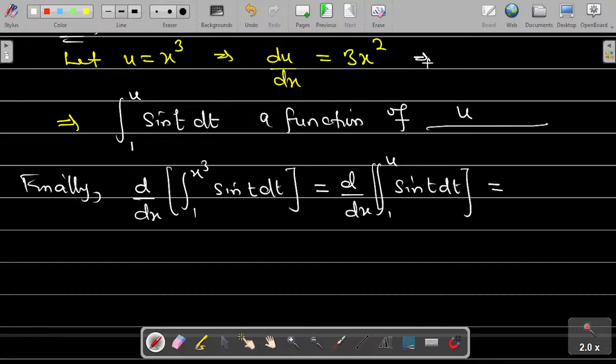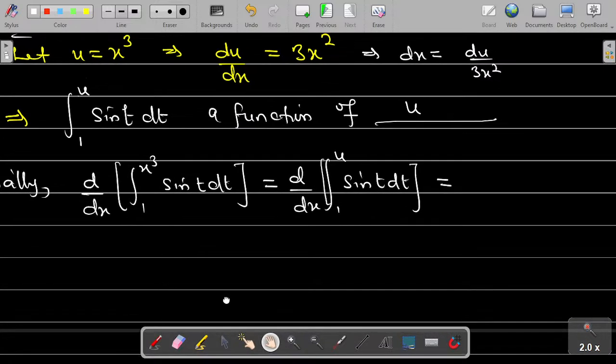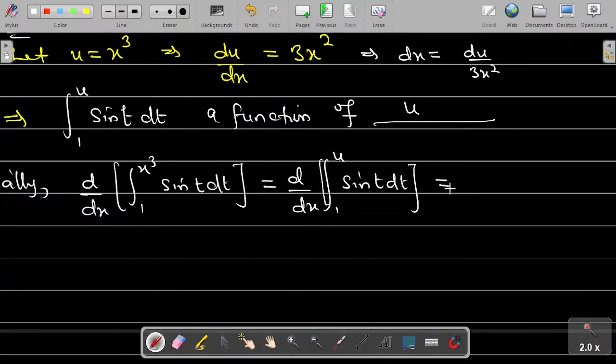From here you would see that our dx is actually equal to du all over 3x squared.